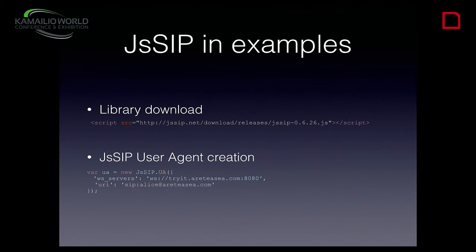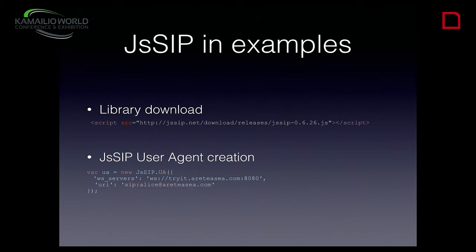Okay, let's go for some examples. Of course, first of all, if we are using a browser, we are downloading the library this way. You can take it from the server, or you can have it yourself in your servers. And this, can you see it?